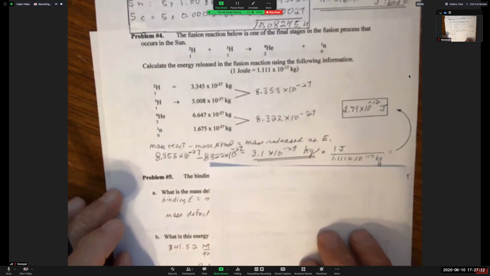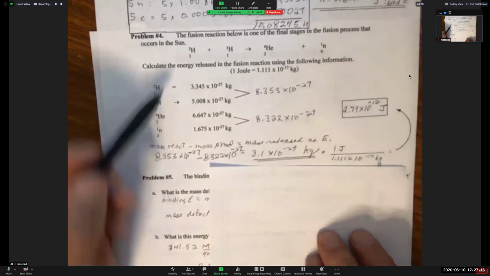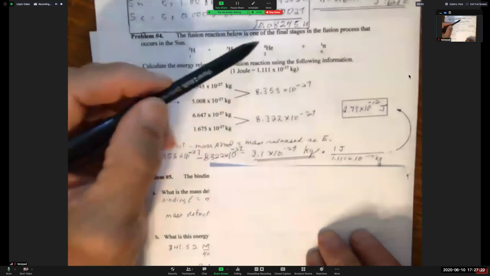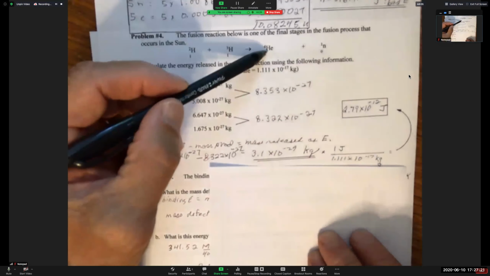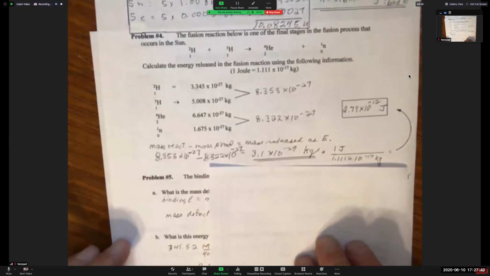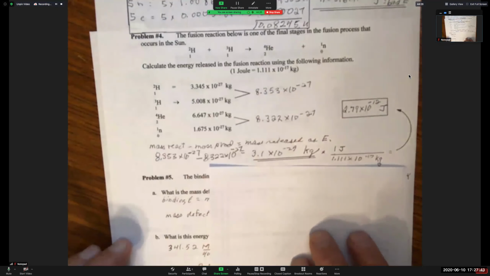So again, if we had a mole of each of these, and it produced a mole of helium, you just multiply this value, 2.79 times 10 to the minus 12 joules, by Avogadro's number, and you get the number of joules per mole, which would be an incredibly large number.